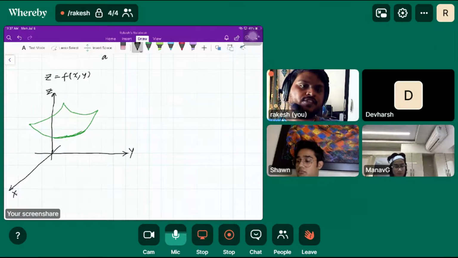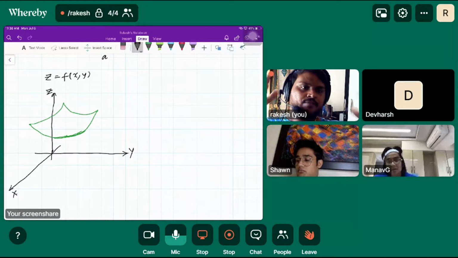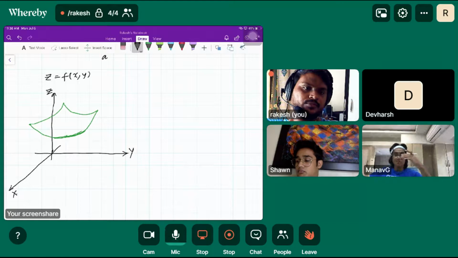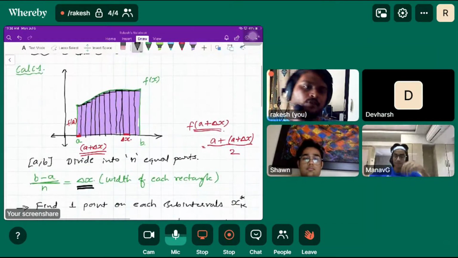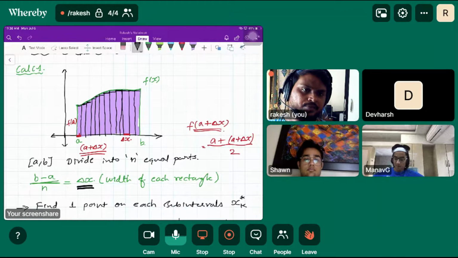If the surface is going infinite, can we find the volume? We need to restrict the surface. In calc 1 also we had a lower limit A and an upper limit B, and only then could we find the area under the curve.